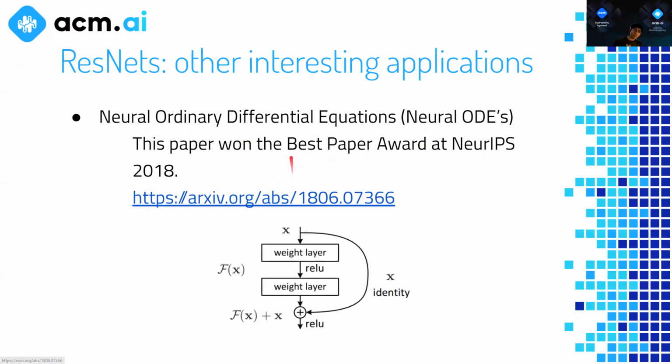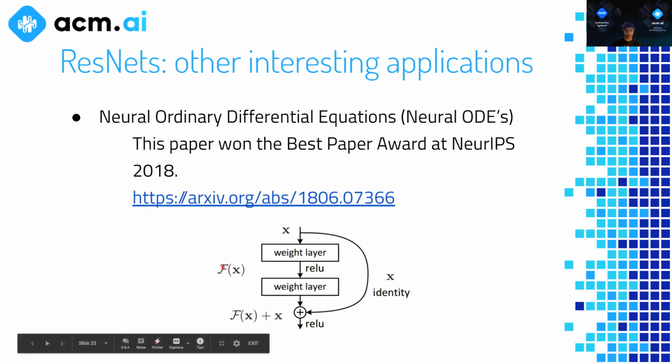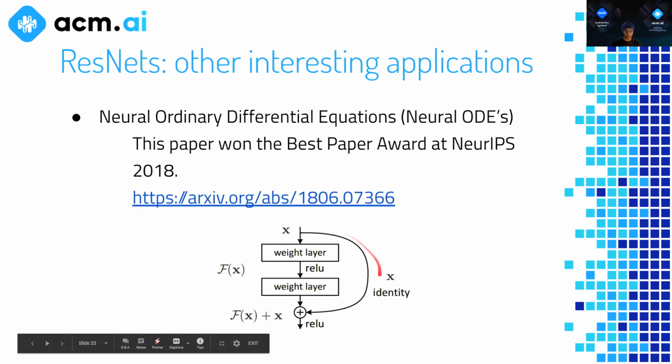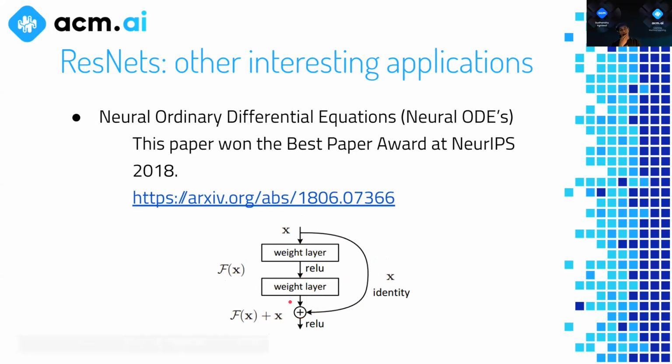What they basically observed, at a high level, is the following: we have this x, which passes through some function, so we have some f of x at the end of it. When we pass in our residual connection, we pass in this x, and we get f of x plus x. Now, if anyone's taken a course in differential equations before, you might have come across something called Euler's method of solving differential equations.